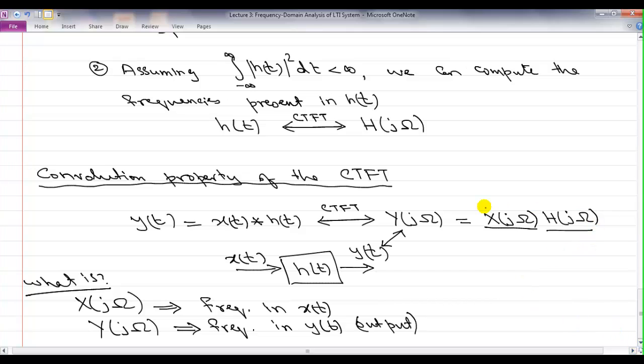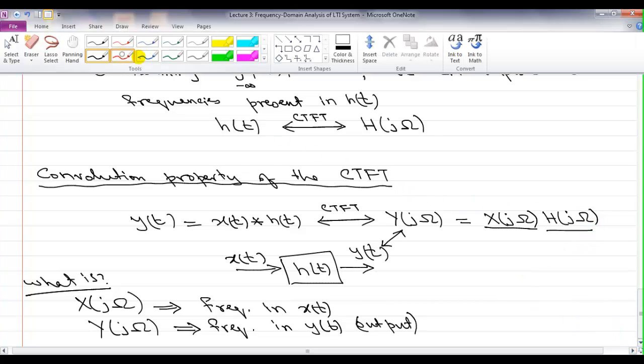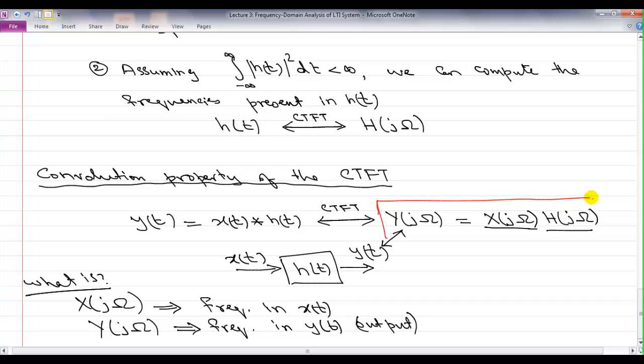So what does this expression mean? It says that the frequency omega in my output is nothing but the amount of frequency present in my input times the frequencies present in my impulse response.